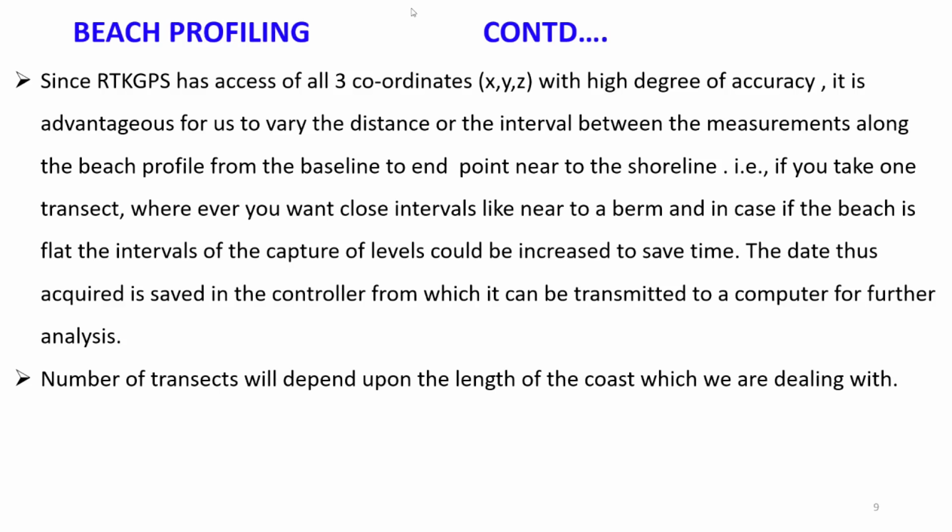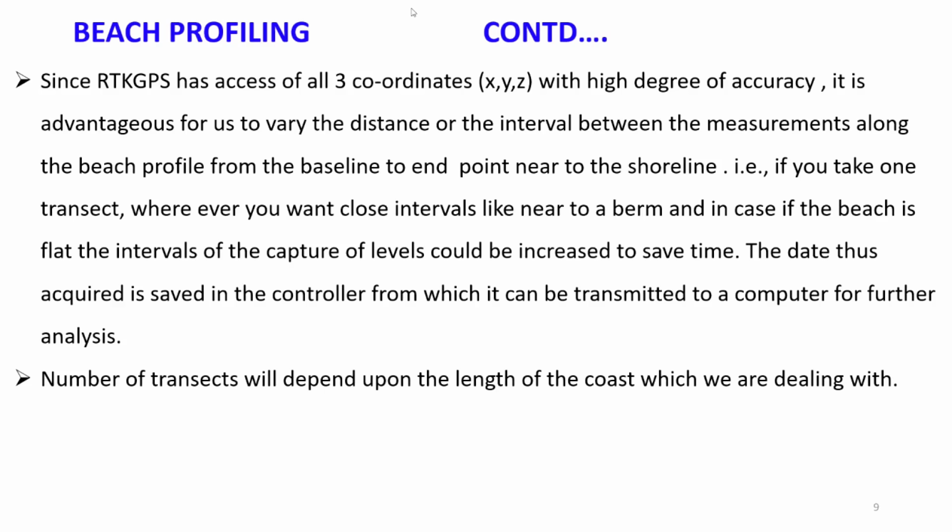This depends on so many other factors, maybe how wide is the berm, how flat is the beach, etc. This needs some experience, and that you will get once you start doing the survey. I think you will automatically feel where you should go with closer intervals, where you can extend, because this can be kind of time saving for us.